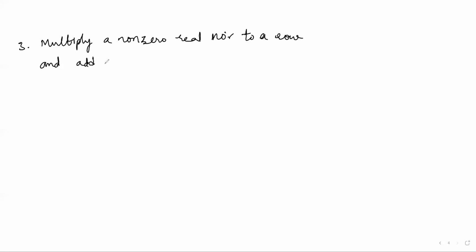Third one, multiplying a non-zero real number to a row and adding it to the corresponding elements of any other row.